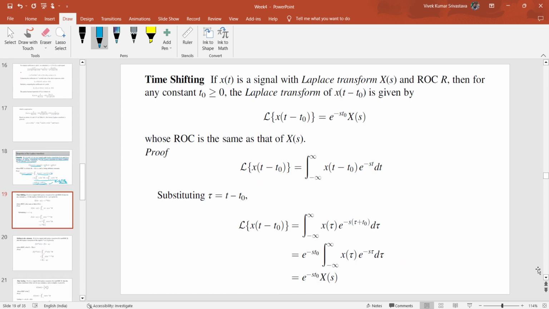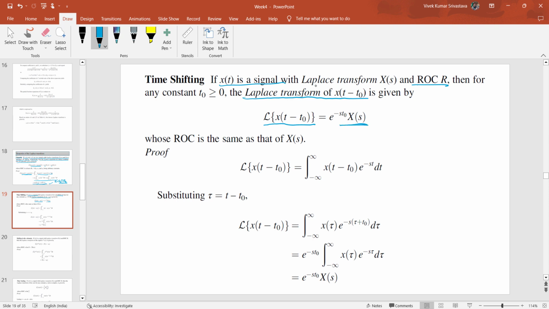The second property is the time shifting property. If a signal x of t is given to us with a region of convergence R, then the Laplace transform of x of t minus t naught is given as e raised to the power minus s t naught times X(s).